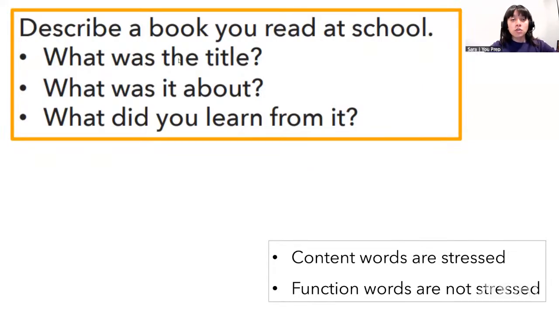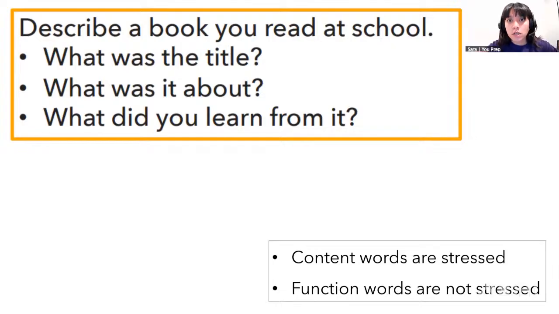So good. For example, I want to say, what is a book I read at school? There are so many books I read at school. I don't remember right now. That was a long time ago. But we can think of a book. I can say, let's use the latest I read. The Midnight Library. Okay, that's the title of the book.